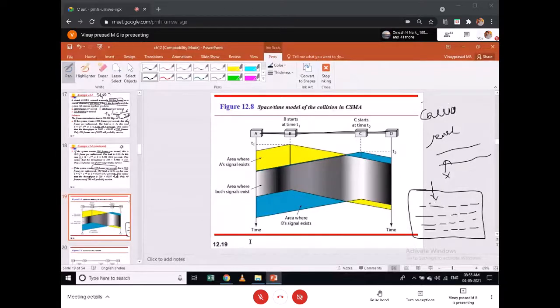So what we tell them is: before you start talking, you listen. If someone is talking, then you should not talk. If nobody is talking, then you can talk. In Aloha, they can talk even if someone is already talking, so we got more collisions. But in carrier sense multiple access, we instruct each one of them to listen before talking.